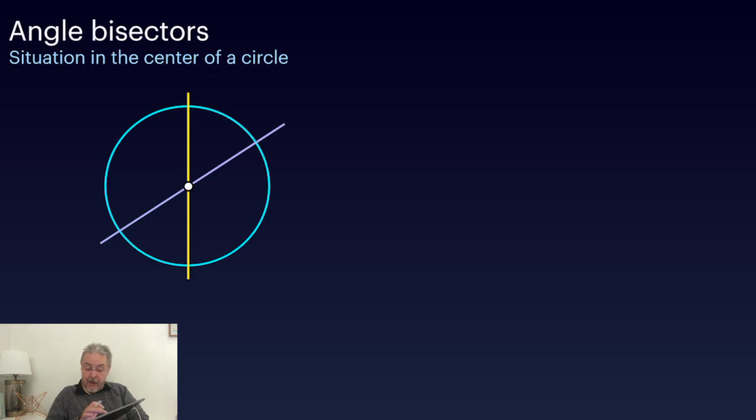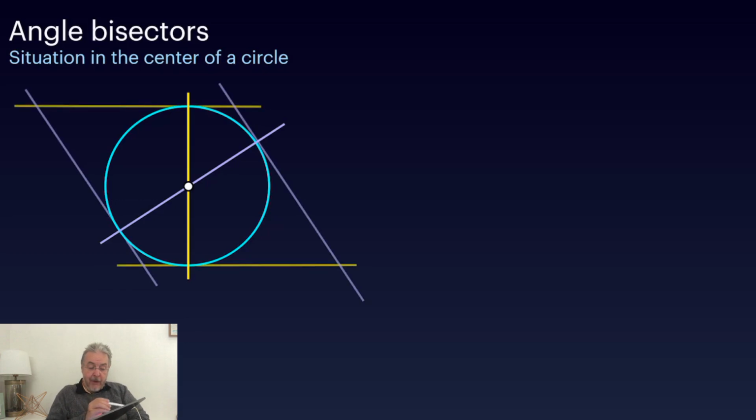So how would we construct angle bisectors here? Well, one way would be to draw all the tangents that you see in that picture and connect opposite points of that rhombus. Then you will get an angle bisector here, and a second angle bisector in a perpendicular direction also here. So important fact, there are always two angle bisectors.